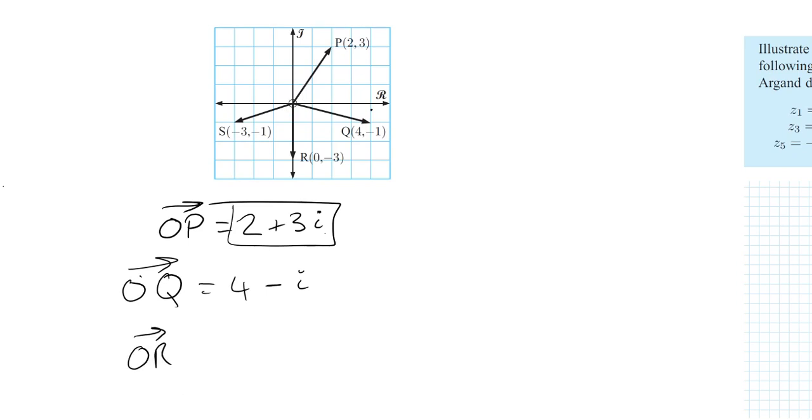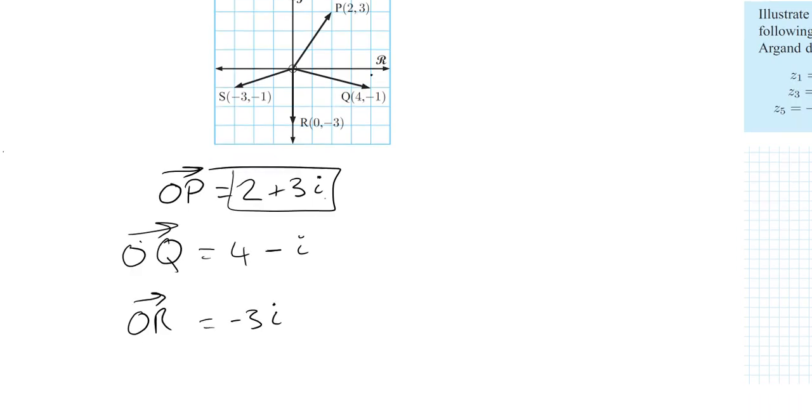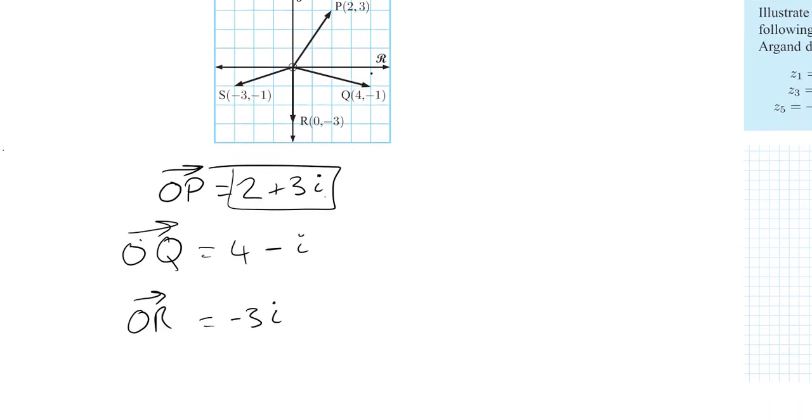Well, you can see R there, look, at 0, minus 3. Well, that is just going to be minus 3i. There's no real part to that because we are on that y-axis, right? On that imaginary axis. And then finally, OS. Well, that's going to correspond to the complex number minus 3 minus i.